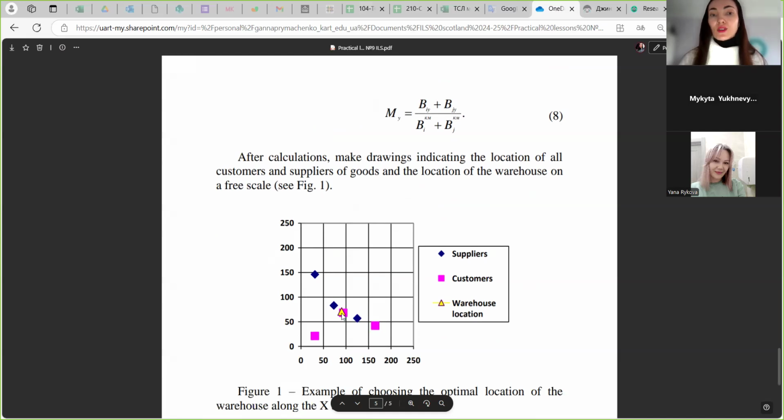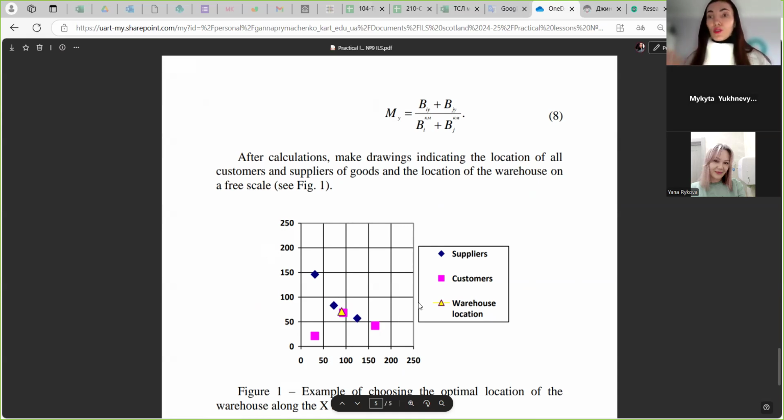But the result of formula number 8 by axis y maybe near 65 kilometers. So you can find your result and put on the feature where the location of your warehouse is.